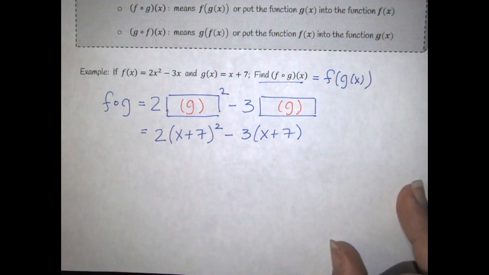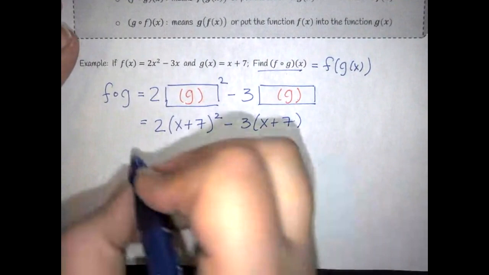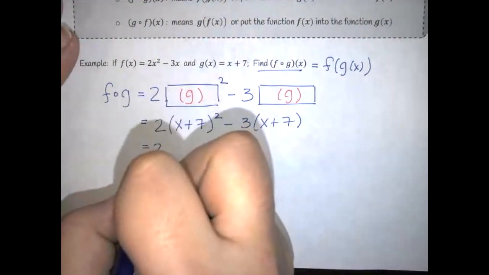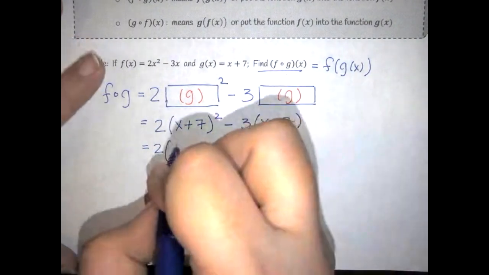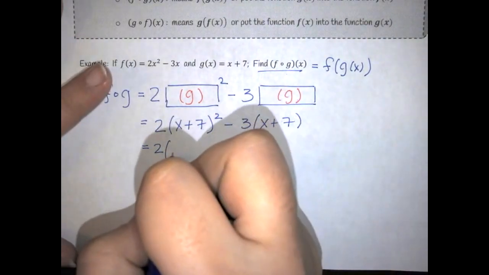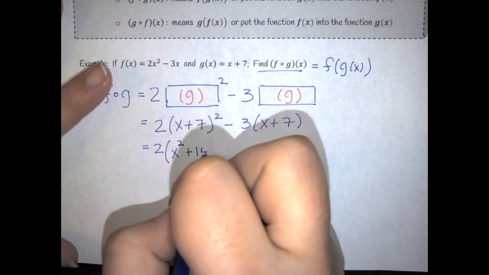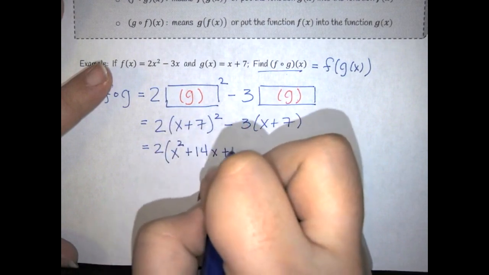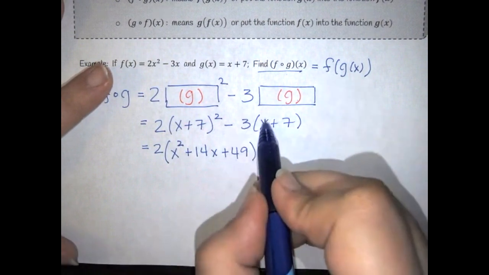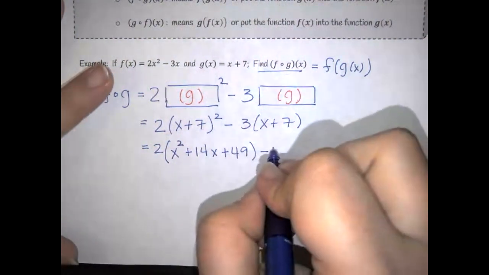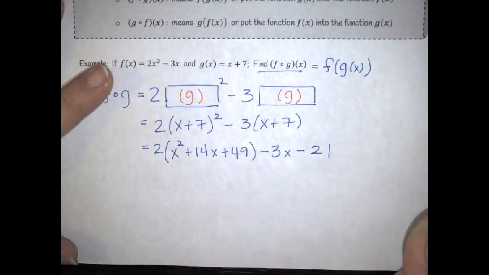Now you have to actually simplify that down. So we have to do x plus 7 squared, multiply it by 2. This is a binomial, so we have to FOIL. So (x plus 7) squared is going to be x squared plus 14x plus 49, minus, and we're going to distribute the whole thing through, so minus 3x minus 21.